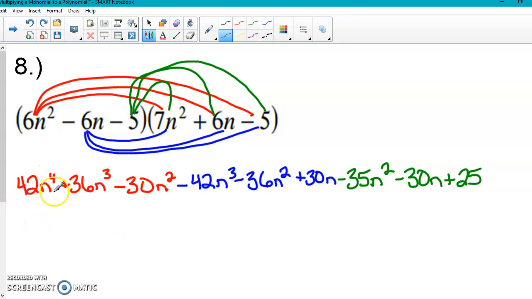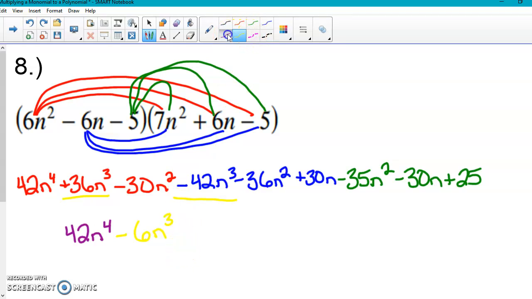So n to the 4th, there are no more n to the 4th, so we're going to keep him. Okay, n cubed, I have one here, I have one here, so 36 and a negative 42, so you're adding those together. 36 and a negative 42 gets me negative 6n cubed.